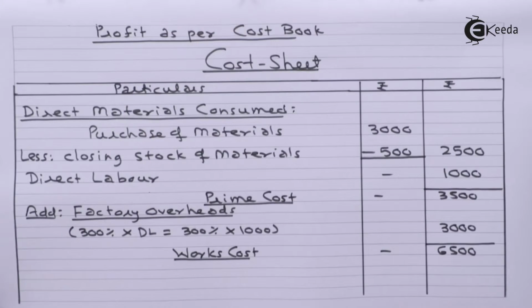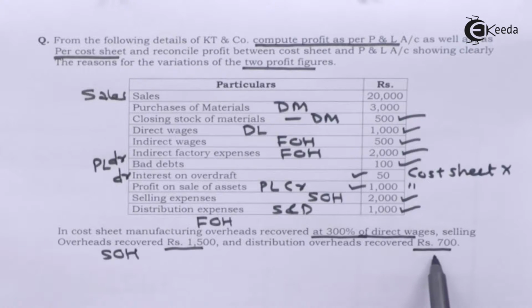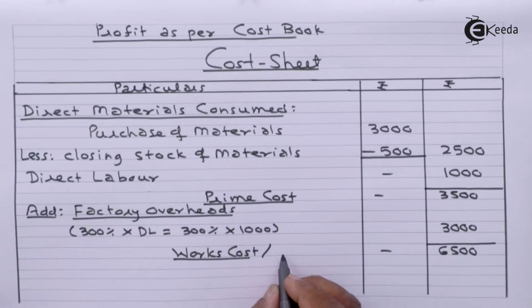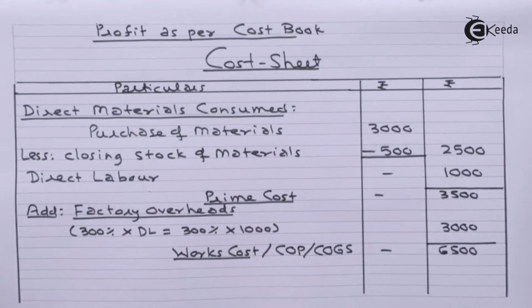Works cost rupees 6500. Selling overheads 1500 and distribution overheads 700. There is no administration overhead specified. So works cost itself will be cost of production and cost of goods sold.